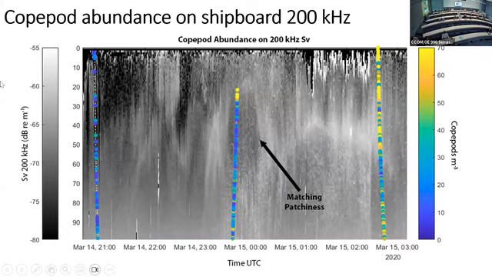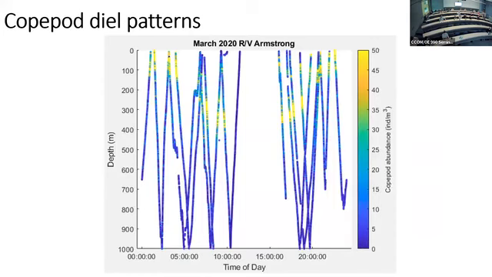This is a tantalizing matchup, where the patchiness in scattering at 200 kilohertz seems to match up to the imagery-derived abundance profile. Once we get a good model going with all these different taxa, I think that will be a good substrate to look at.